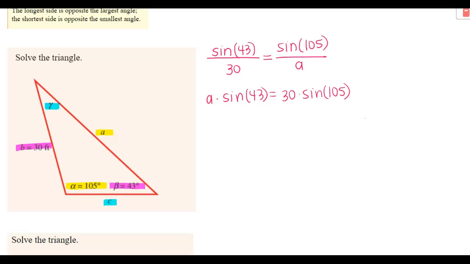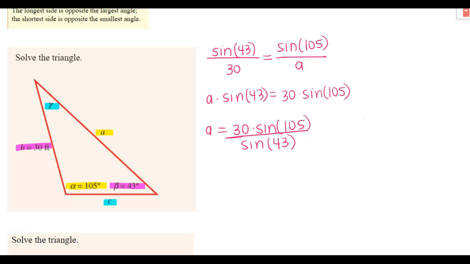If you want, you can go ahead and type in 30 times the sine of 105, making sure that your calculator is in degree mode. I would probably hold off on it just to make sure that we're not rounding anything. It's best if we wait till the end to plug this in our calculator. So the last thing we want to do is divide by the sine of 43. So we would have a equals 30 times the sine of 105 over the sine of 43.